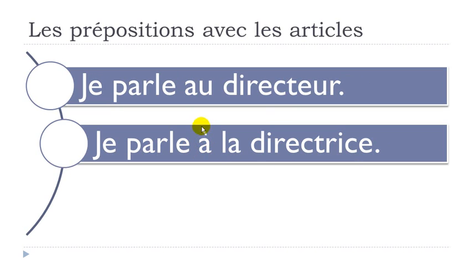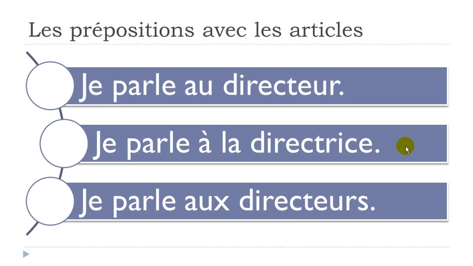So here you can see that nothing happens, so you still have your preposition à, and then you've got your article here. So nothing changes when you get the feminine form. And let's see the plural form now. So you've got the directors, so it's the plural form. Je parle aux directeurs. So you can see that here you combine à plus les, and you will get this aux, and then phonetically you pronounce it o.